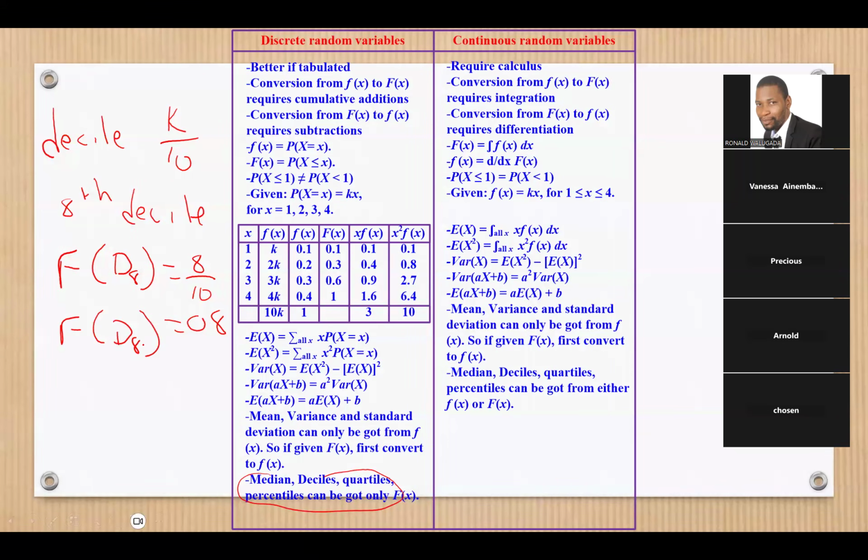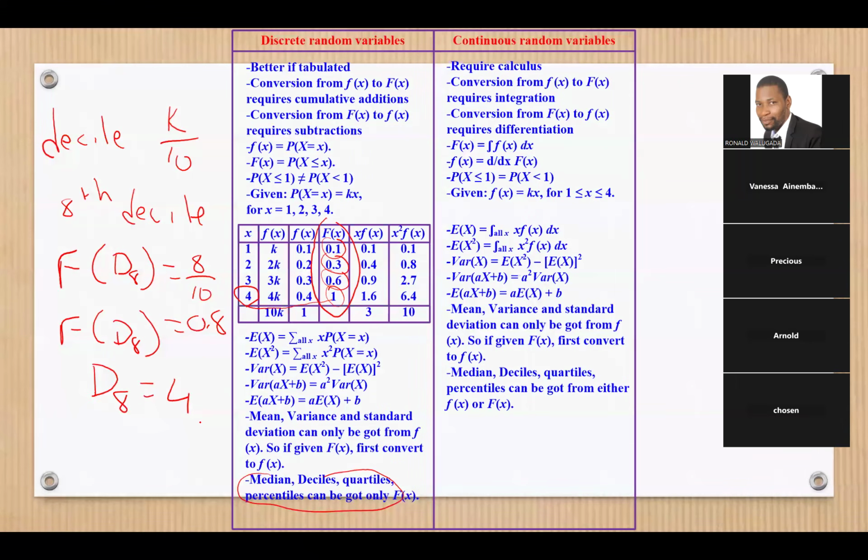Now you go to the column of capital Fx and look for a value slightly greater than or equal to 0.8. If you come here, 0.1 can't, 0.3 can't, 0.6 can't, but this can. So in this case, our eighth decile is 4.